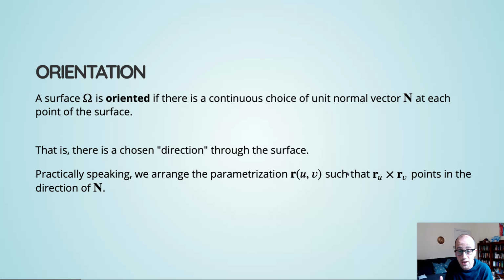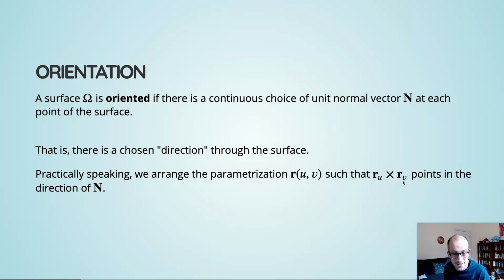And the whole point of the orientation is so that you convey what the orientation is, and then for a computation that results in a number, people know what direction it's associated with. So you choose your orientation so that r_u cross r_v lines up with that choice.